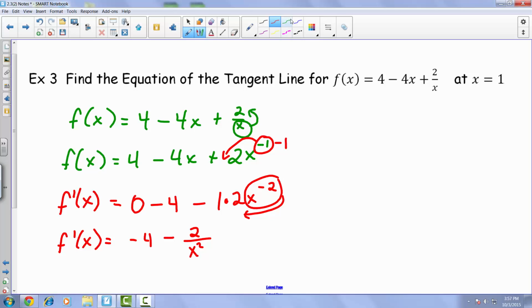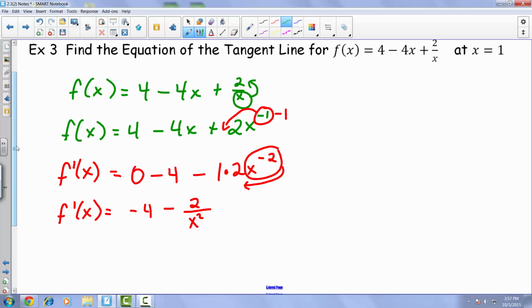Now we can determine what is the slope of the tangent line, specifically at our target x value 1. We accomplish that by just throwing 1 in for x. So again, the slope that is tangent to the function at this particular x value comes out to be negative 4 minus 2 over 1 squared.